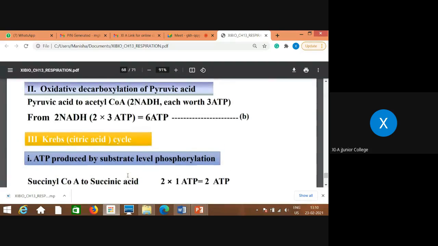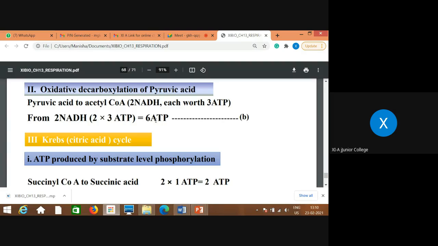Now the next middle step is called the acetylation reaction. If you remember, when pyruvic acid gets converted into acetyl coenzyme A, NADH2 is produced. As there are two molecules of pyruvic acid, two molecules of NADH2 are produced. And you know, one molecule of NADH2 is equivalent to 3 ATP.